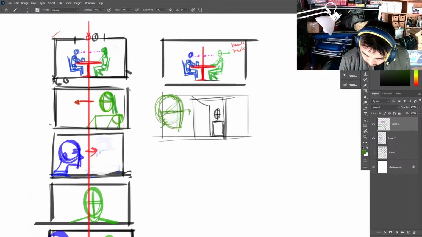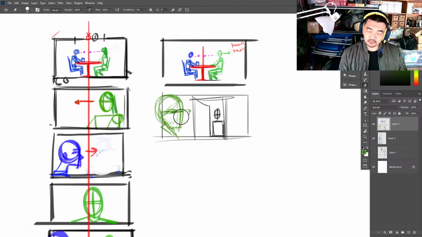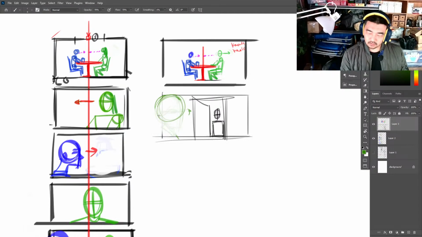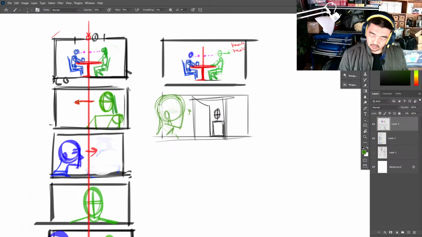So this is why 3/4 is important, so you know how to place the angles of the head and of the people. Like that doesn't look right. I'll do something more, maybe like this. She's turning to look at who enters.